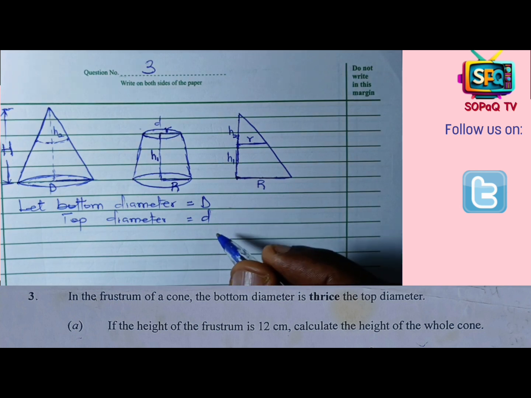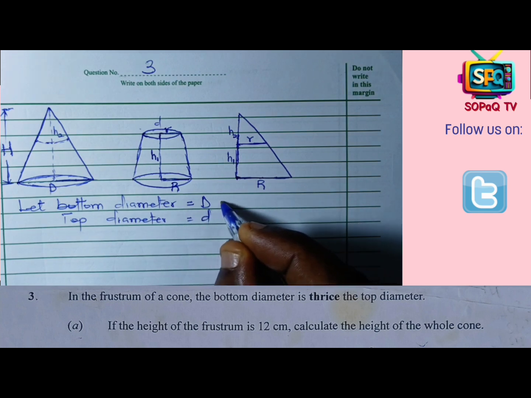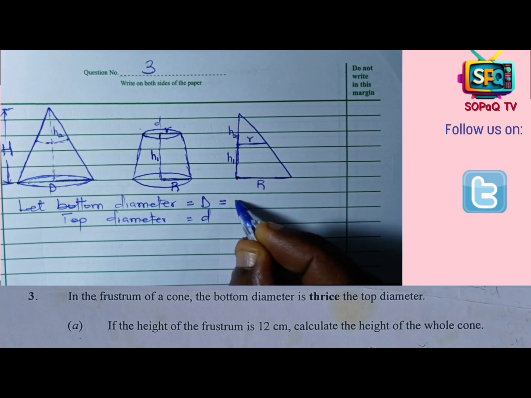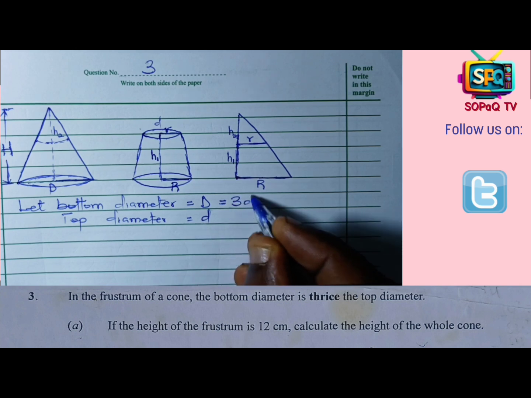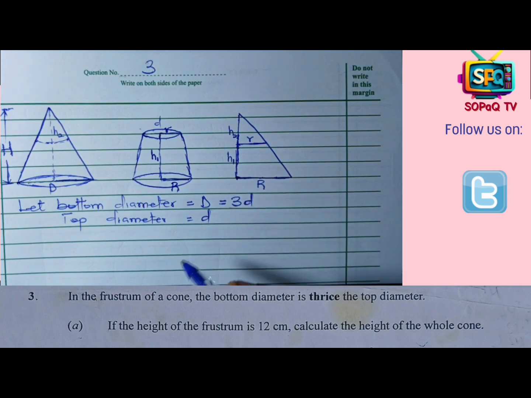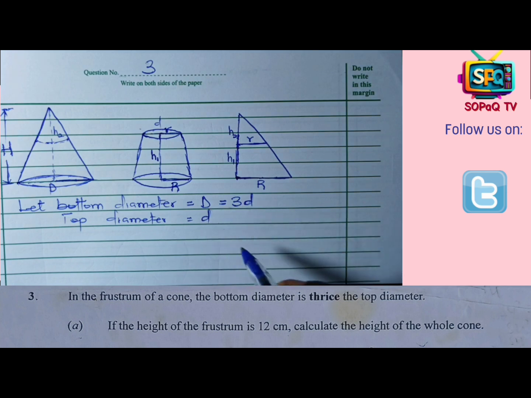And the question also says the bottom diameter, which is the capital D, is 3 times the top diameter, which is 3 of the small d. So getting the diameter, we can find their radius as well.